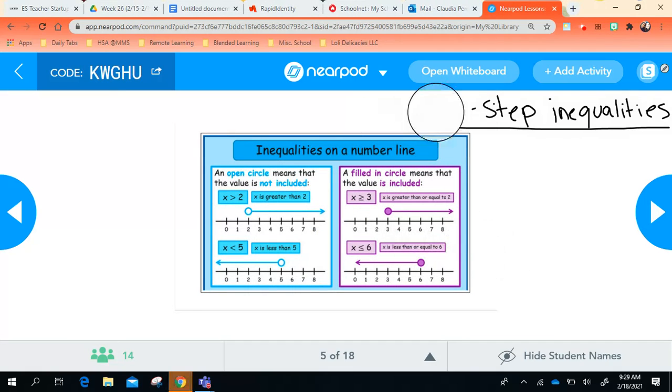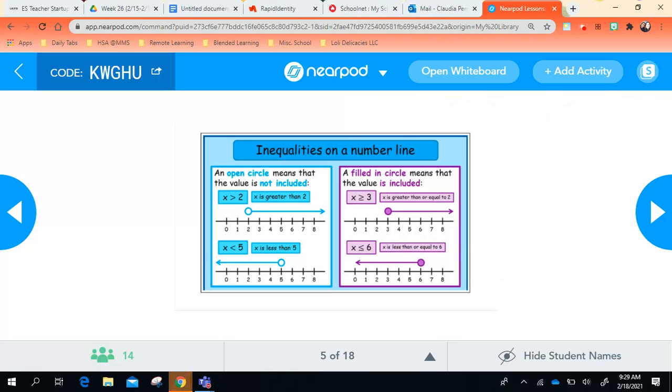Okay, so this is what you're getting in your notebooks. Inequalities on a number line. So it gives you an example, it reads it to you, and it shows you how we would put it on a number line. So a couple things. The blue side is where we have just the greater than or equal to.